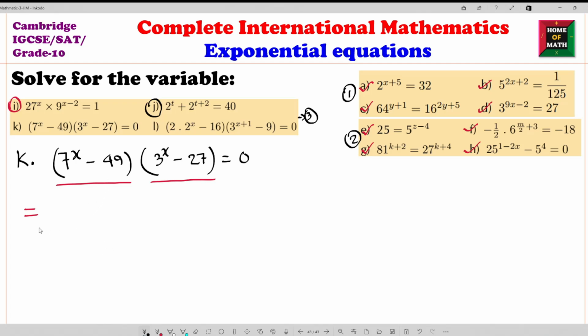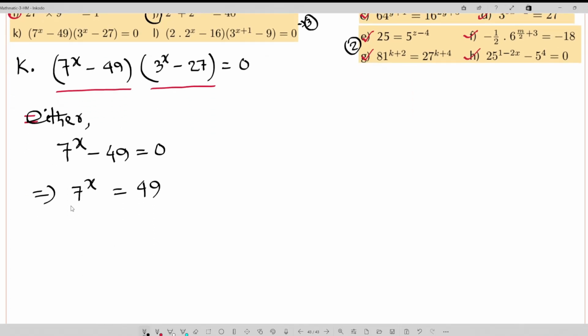So we can write either 7 to the power x minus 49 equals 0. Then 7 to the power x equals 49. Then 7 to the power x equals 7 square, because we know 7 square means 49. Then the bases are the same, so x equals 2.